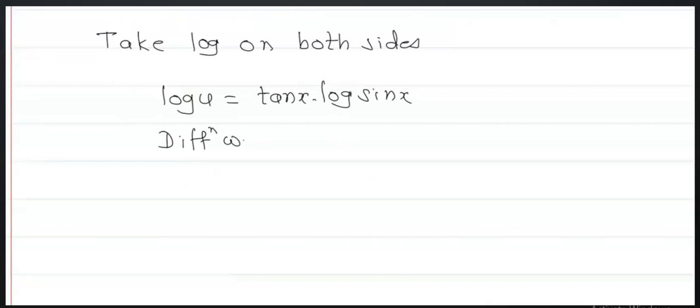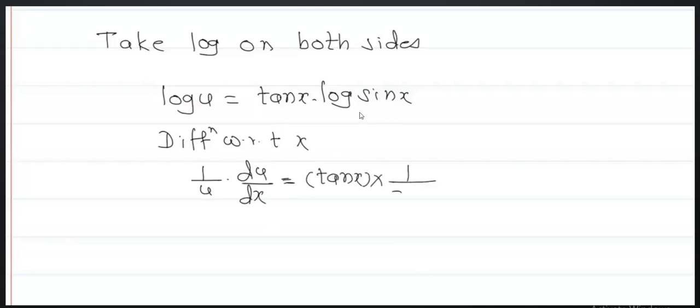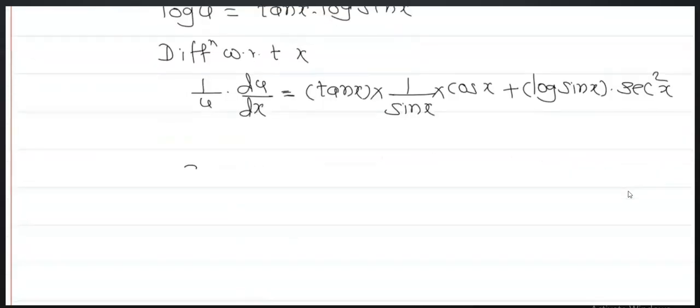Now differentiate this with respect to x, that is 1 upon u into du by dx. Now we will apply here the product rule. Tan of x into log of sin x: that is tan x into 1 upon sin x into derivative of sin x, which is cos x, plus log of sin x into derivative of tan x, which is sec square x. Now evaluate this.